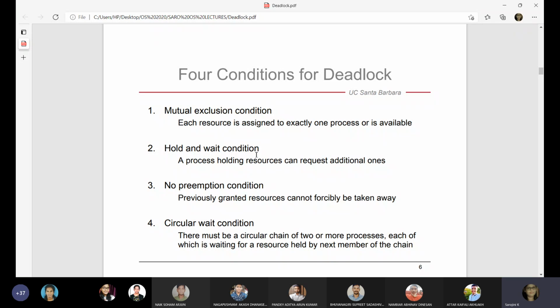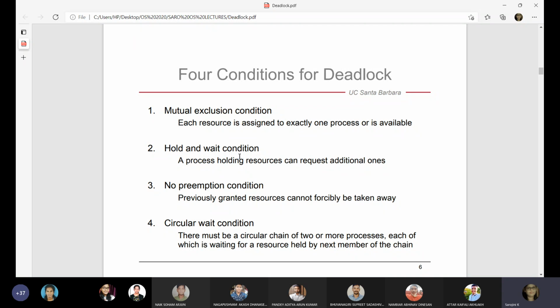Hold and wait means what? This is very simple. Every process in deadlock will hold one or more resources and request another resource. It is holding something and waiting for another one. Because of this only, deadlock is occurring.